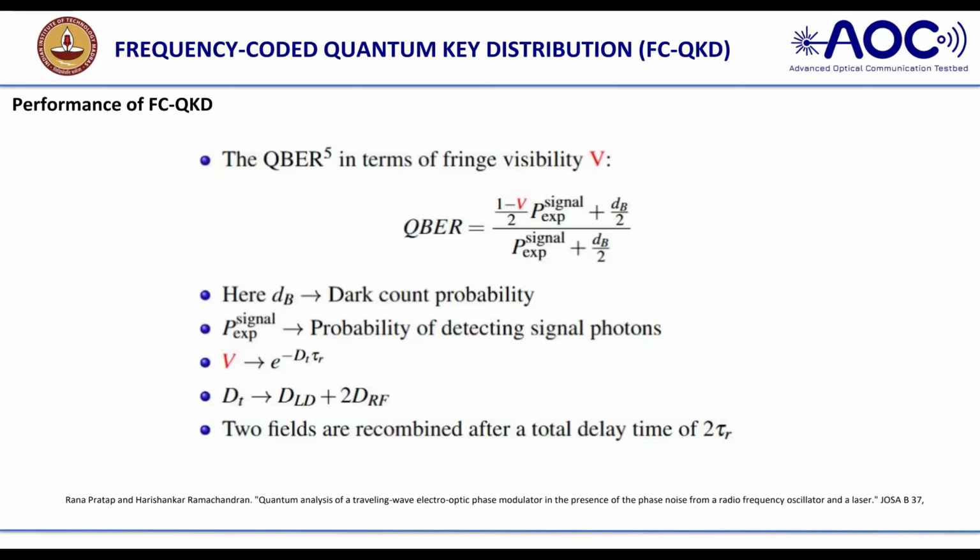So what it means is that when we are analyzing the performance of frequency coded quantum key distribution, we should always take care of fringe visibility as an important parameter. Because when you have two signals like cos square delta phi, Alice transmitted at theta equal to 0, bit 0, and Bob also received theta equal to 0, this delta phi becomes 0, cos square delta phi is 1, so you will find the maximum number of photons.